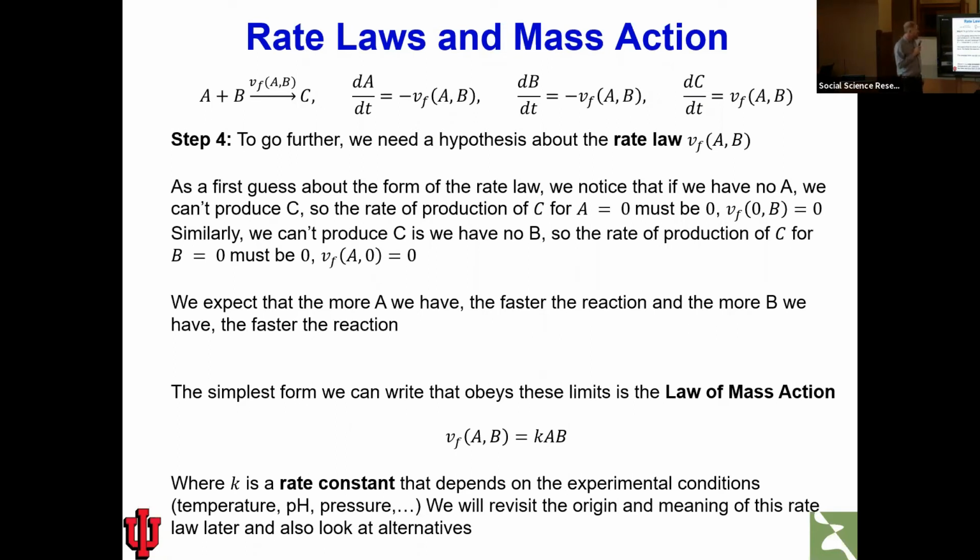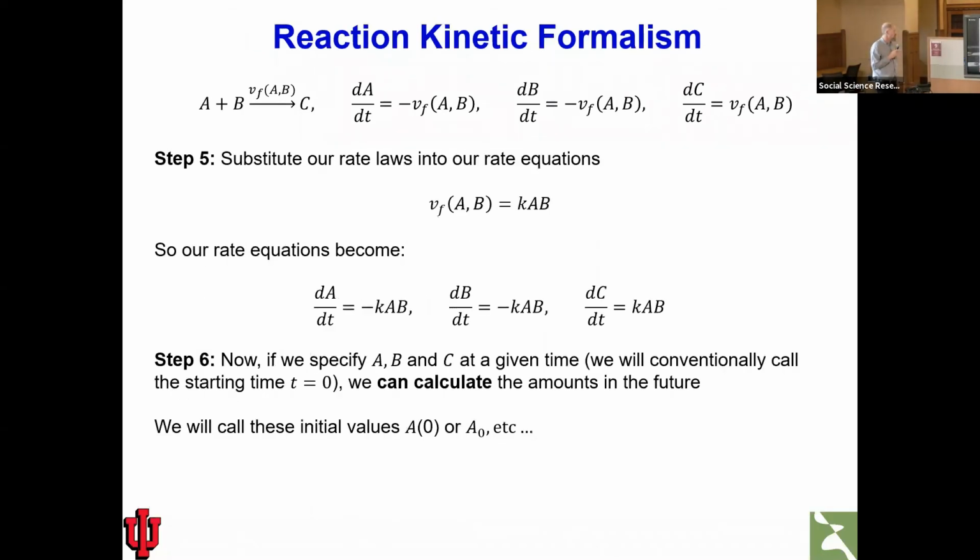And in particular, if I had 2A plus B goes to C, the amount in the rate law would be A squared. We can come back to that in a bit. So that's mass action. And so now, with the assumption of mass action, I can write that dA by dt is some rate constant K times AB, same for B, and C is the reverse.